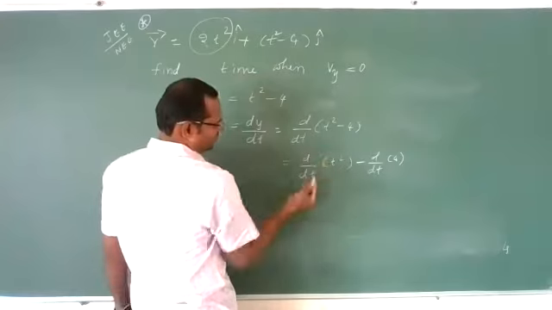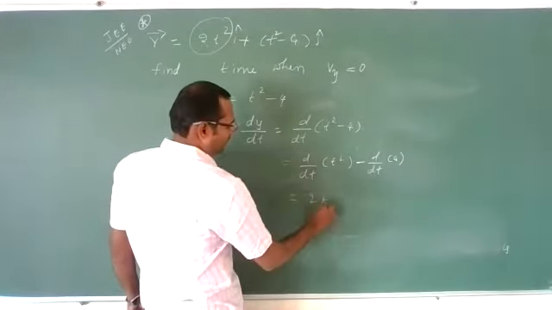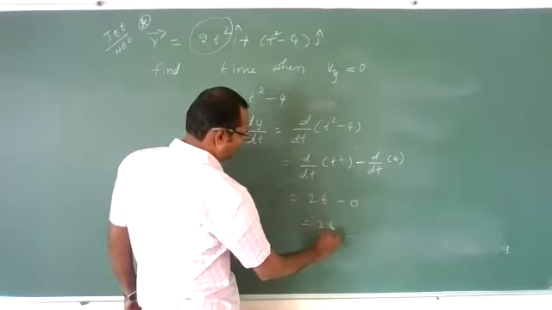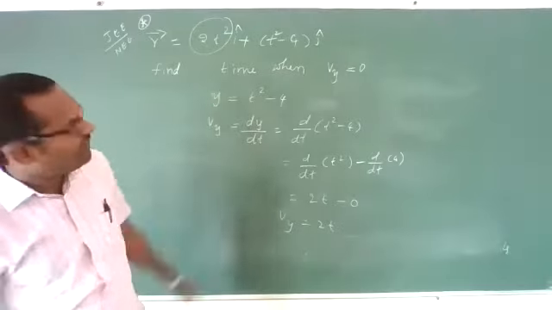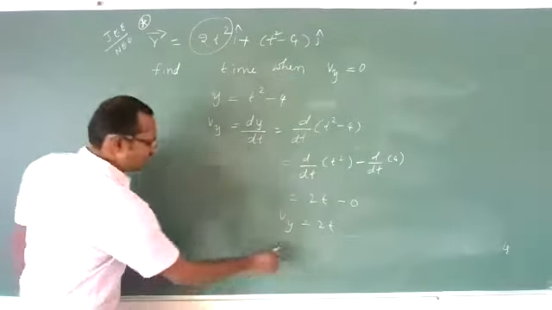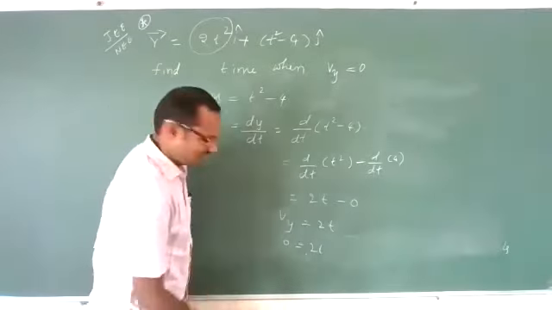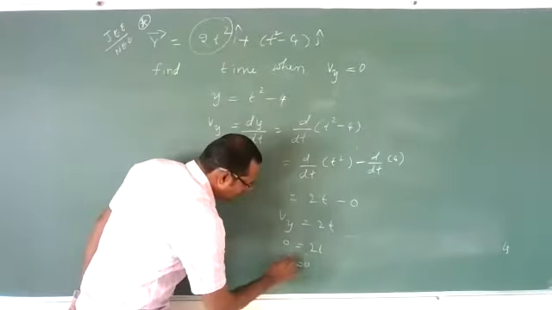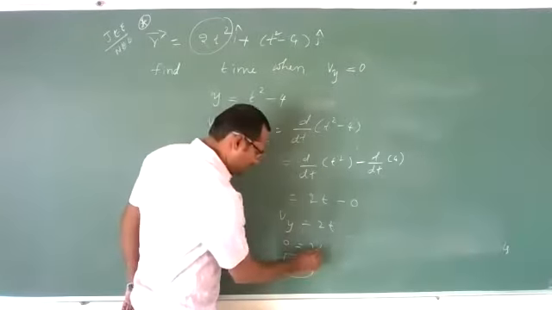That is 2t minus 0, so you are getting 2t. If vertical velocity is 0, then 0 is equal to 2t, which means t should be 0. We can't find it. Are you understanding?